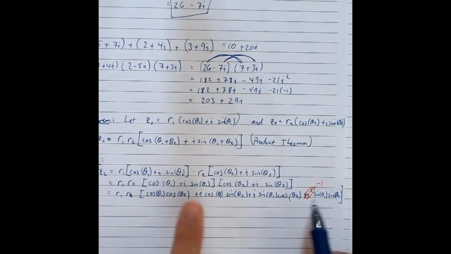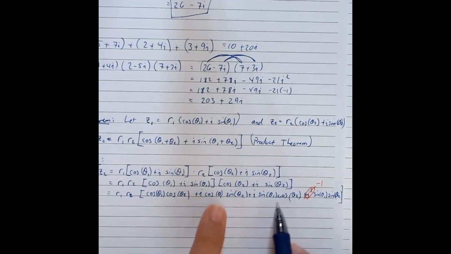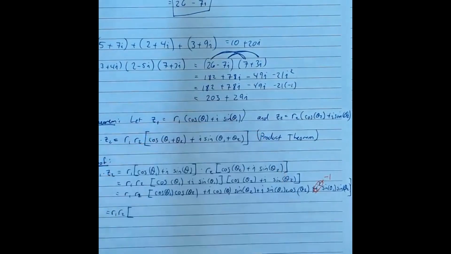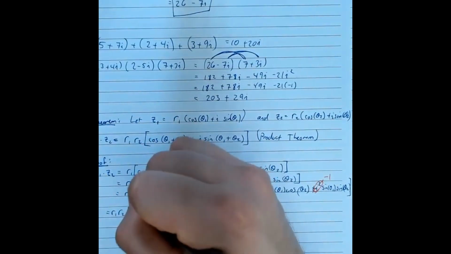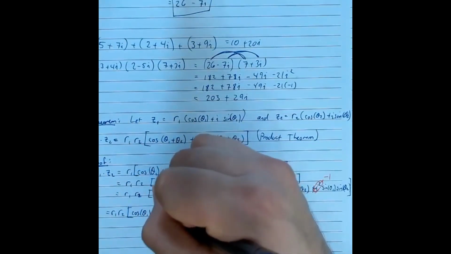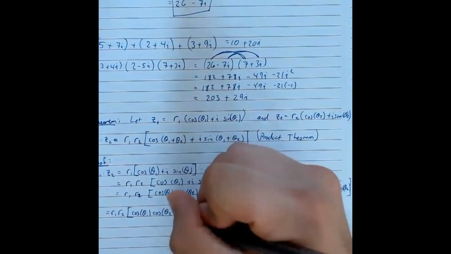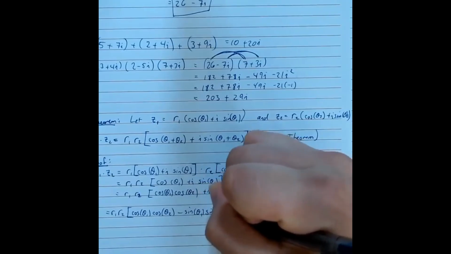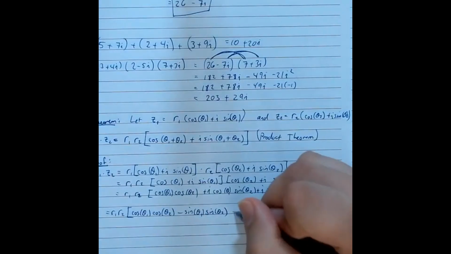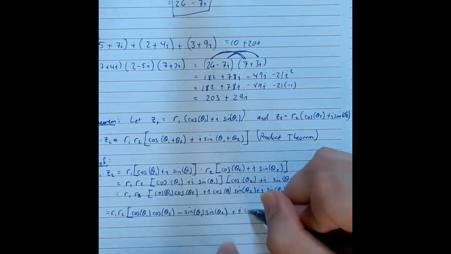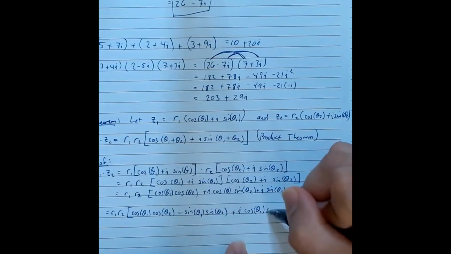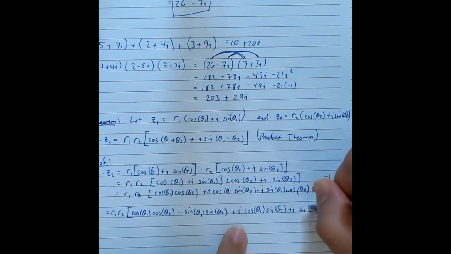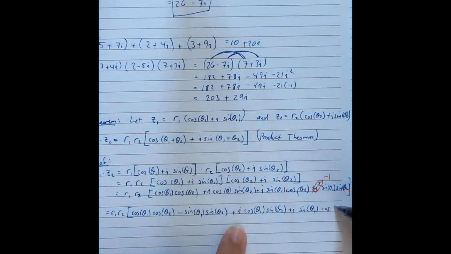So let me lump those together, and I notice both of these have an imaginary number, so let me put those together. So I'm going to rewrite this as r1 times r2 times, let me put the real ones together, cosine of theta 1 cosine of theta 2, minus, that's now a negative, sine of theta 1 sine of theta 2, plus i times the cosine of theta 1 times the sine of theta 2, plus i times the sine of theta 1 times the cosine of theta 2.